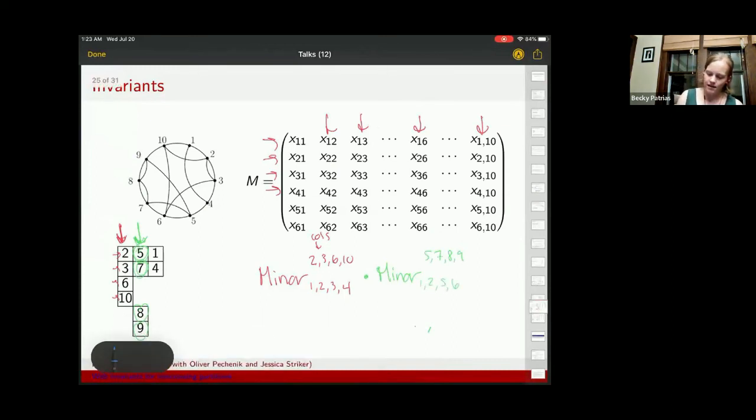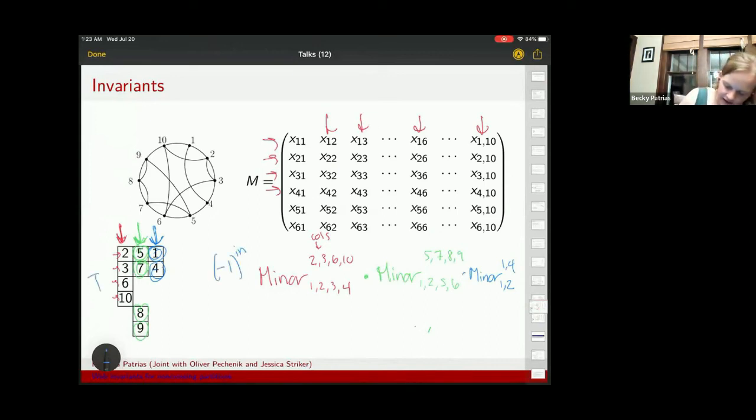And lastly, I have my column 1, 4 in my jellyfish tableau. So this is going to be the minor where I use columns 1 and 4. And my entries are in row 1 and 2. So I'll use rows 1 and 2 in my minor. I also have a sign out front. We have some inversion number. Let's call this T.